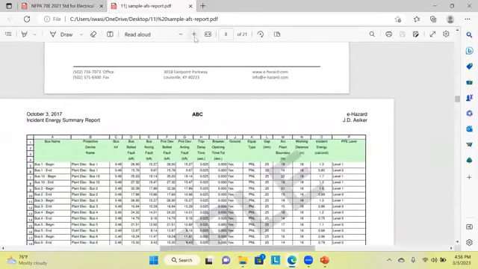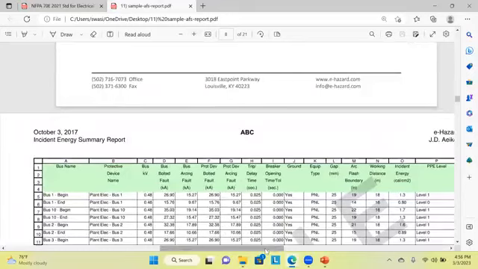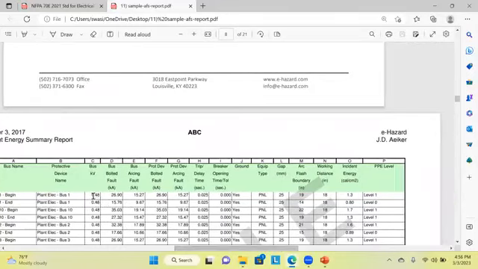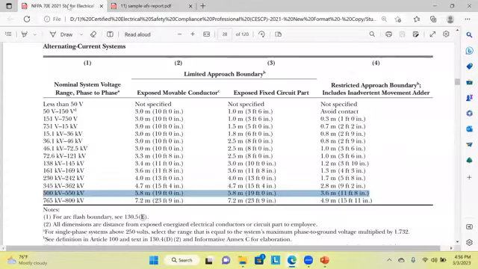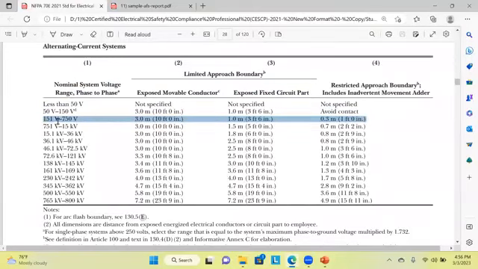Okay, let's see, it's a 480 volt system, and here they have calculated the arc flash boundary to be 19 inches. Refer to this table. 480 volts will lie somewhere in between.